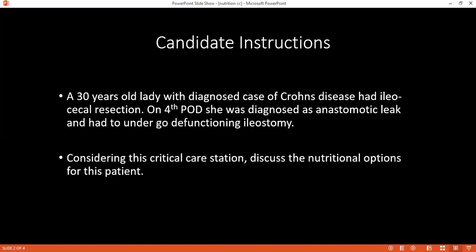What other factors influence the requirement of nutrition in a post-surgical patient?